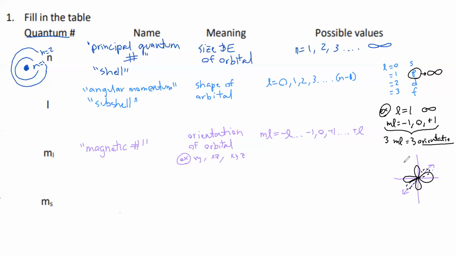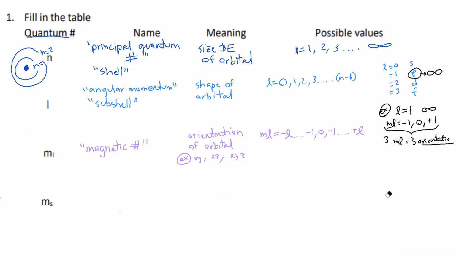There's no more axes for us to put the peanut on. So these are the 3 possible orientations of a peanut. And that is really cool because, according to the ML values, there's only 3 orientations. So we see this in 2 ways. The ML value tells us there's 3 orientations, and also just by trying to draw a peanut on the axis, we realize there's only 3 ways to do it. So that's really cool. Hopefully you think that is cool.